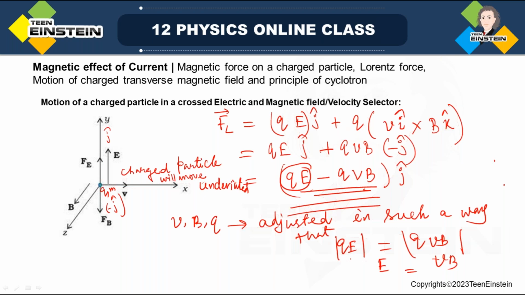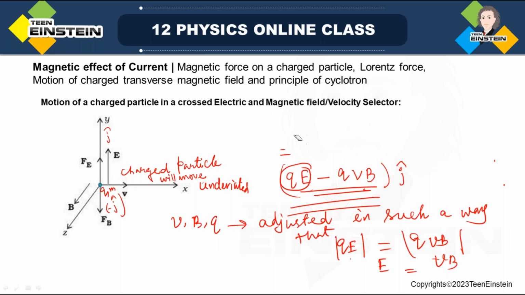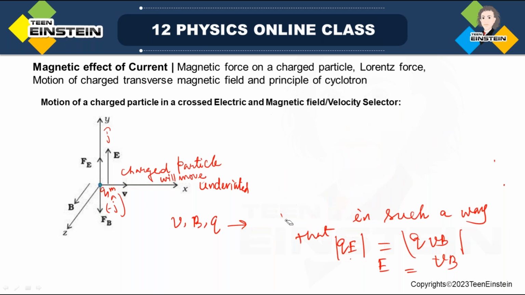That means its direction will not change. It will just move along the x direction itself. Since there is no net magnetic or electric force, it will move undeviatedly. The motion of the charged particle will not be deviated if the magnitude of the electric force and the magnitude of the magnetic force become equal to each other.